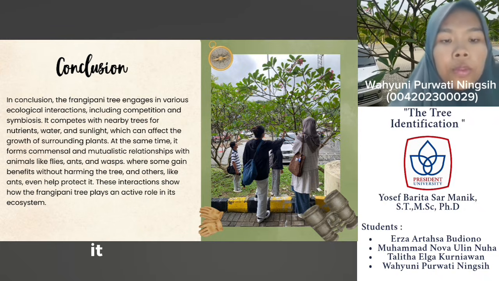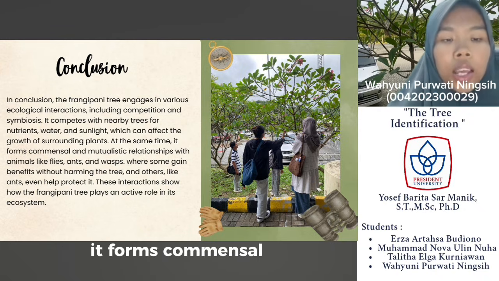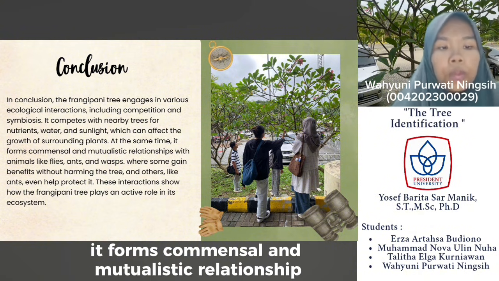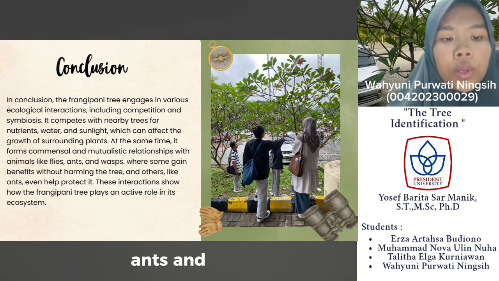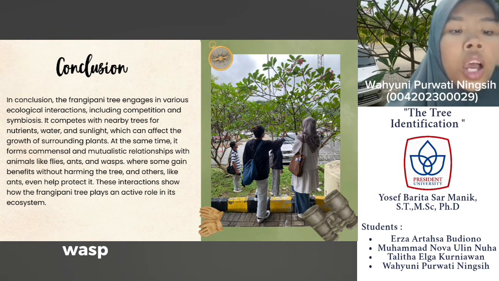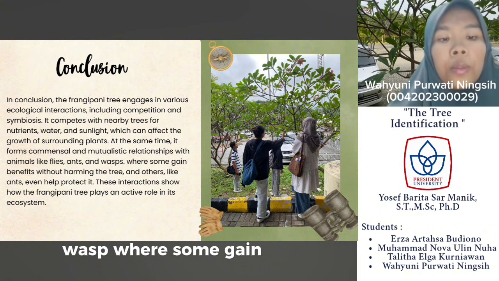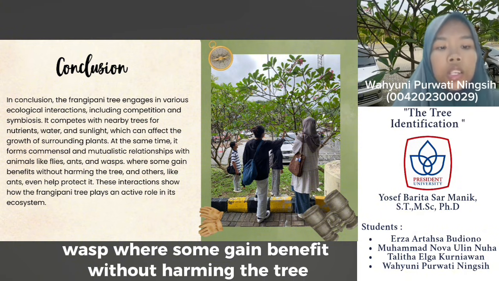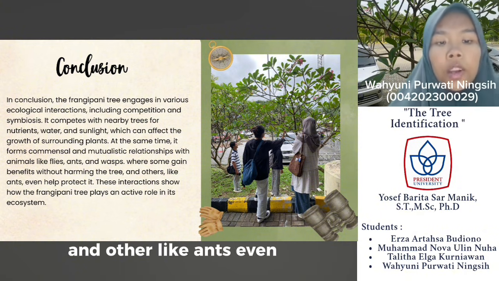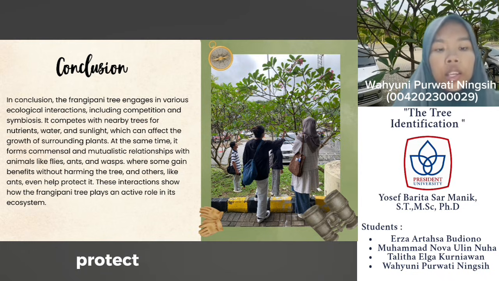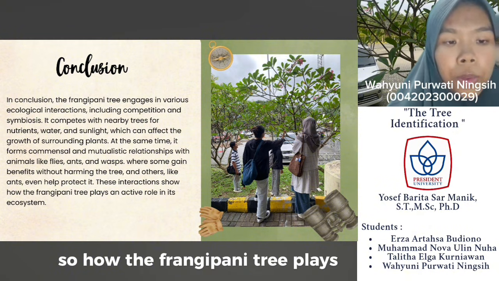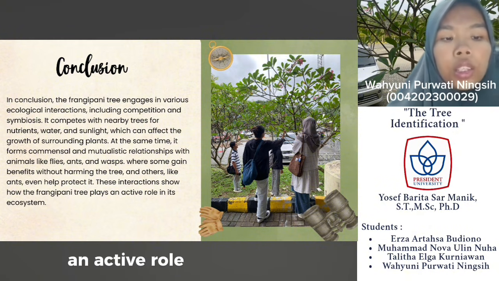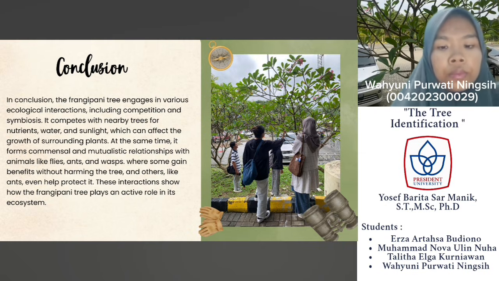At the same time, it forms commensal and mutualistic relationships with animals like flies, ants, and wasps, where some gain benefit without harming the tree, and others, like ants, even help protect it. Their interactions show how the frangipani tree plays an active role in its ecosystem. Thank you for watching.